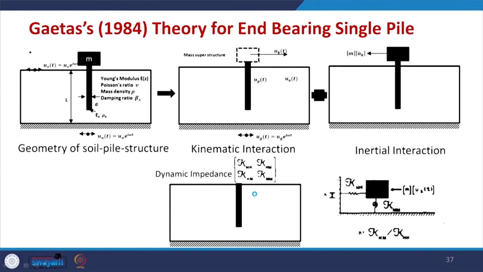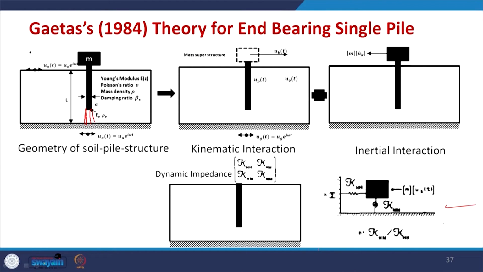You have a pile, a single pile, and here though it appears to be a floating pile, this is not a floating pile, actually this is going up to the end. So, this is an end bearing pile basically, and the theory itself is for end bearing piles. That means, the pile is having its tip here at the end.